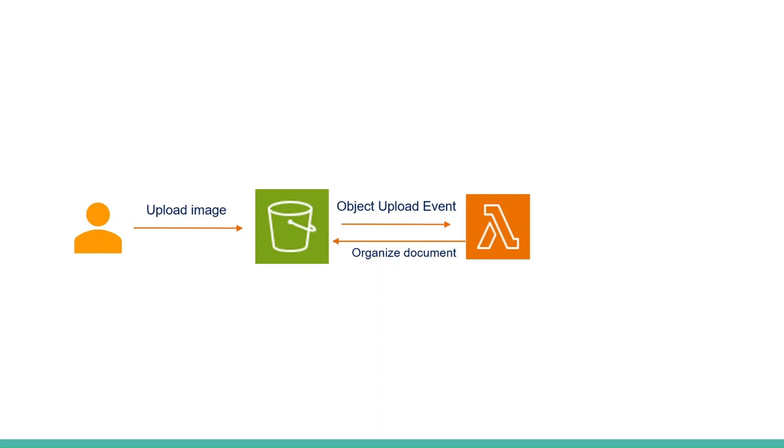Rather than uploading an image, we can upload any file, and Lambda will identify whether it is an image, a document or a video file, and based on that it will transfer the file to the appropriate folder in the bucket. This is a simple use case for document organization. We will try this on the console now as a hands-on.